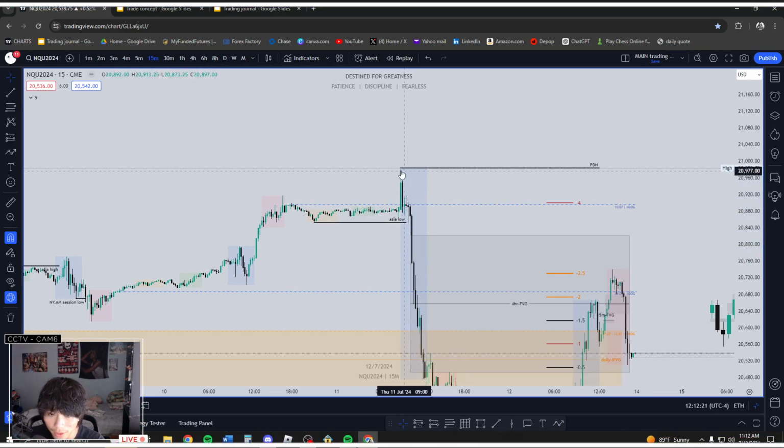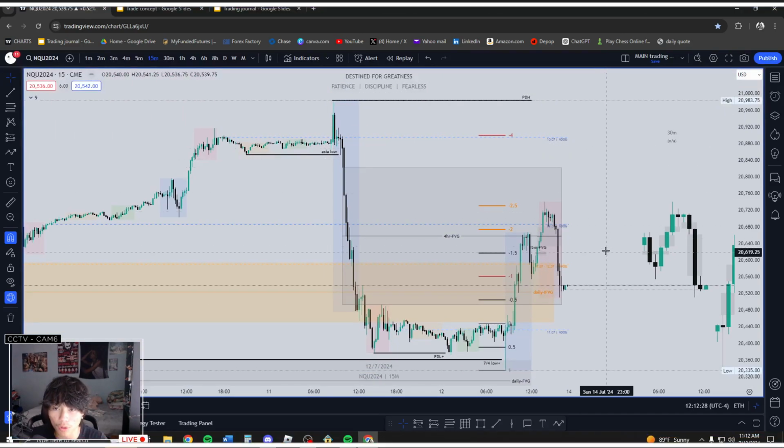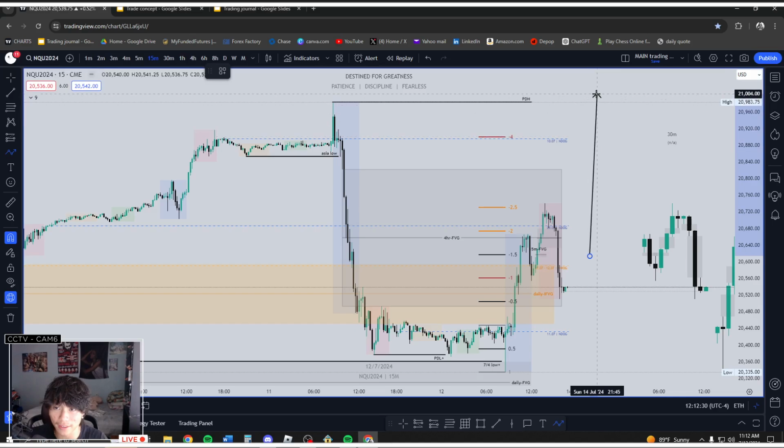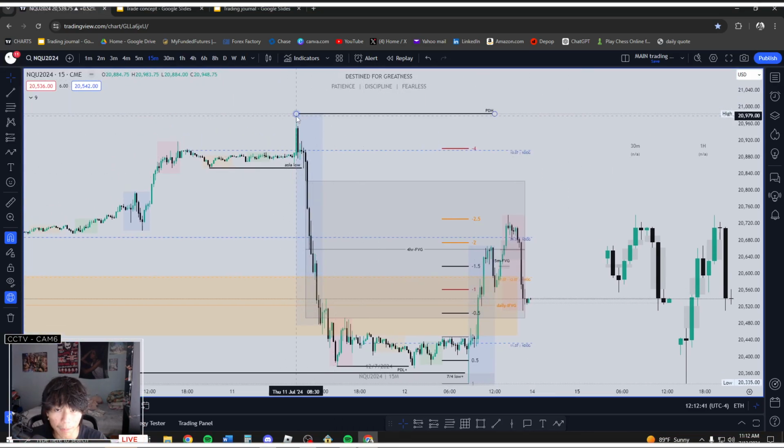That means whoever sold up here is currently winning. So price is going to want to refer back to that and attack those recent winners, because they're trailing their stop loss, or they're holding their position here. So that is buy side liquidity. That is known as buy side liquidity.